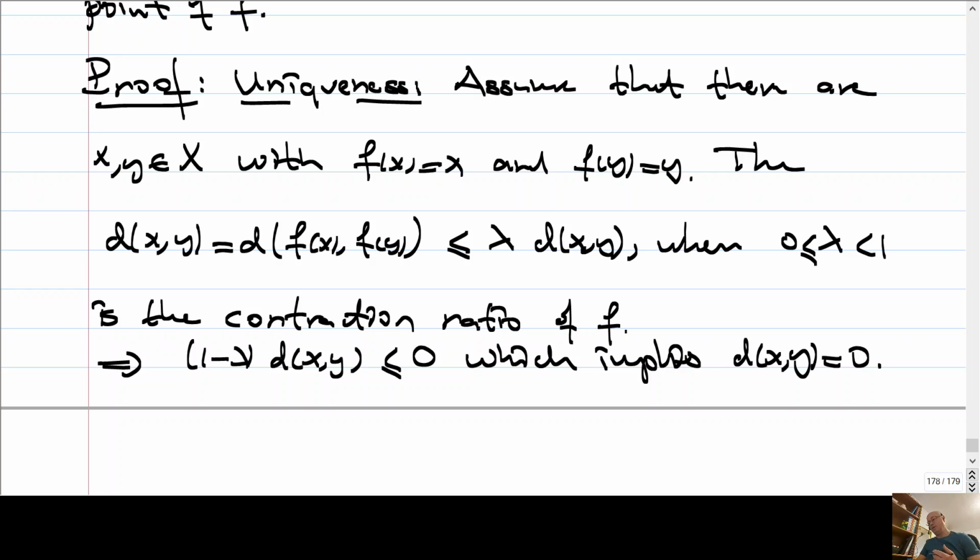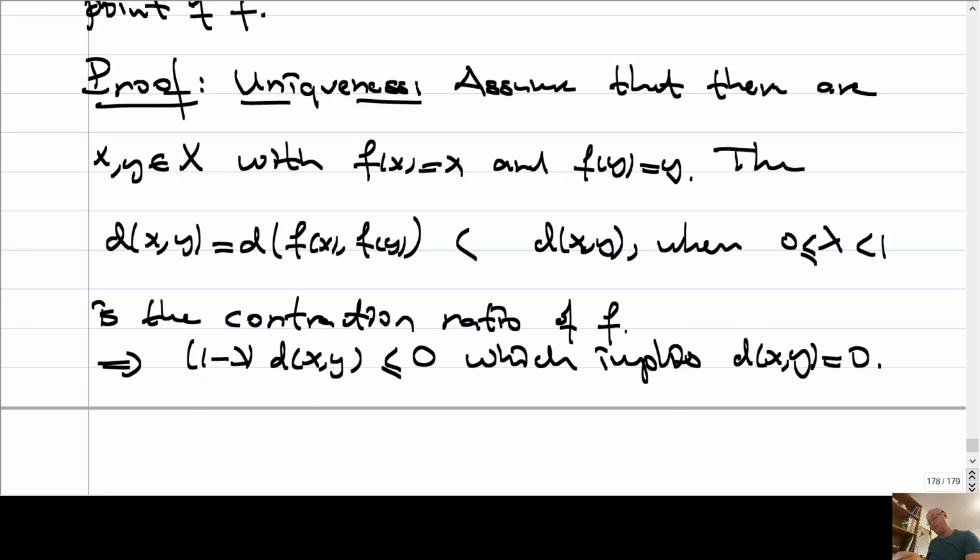That wouldn't be strong enough. So you ask why that wouldn't be the definition of a contraction mapping, right? But this is not strong enough to prove what we are going to prove.